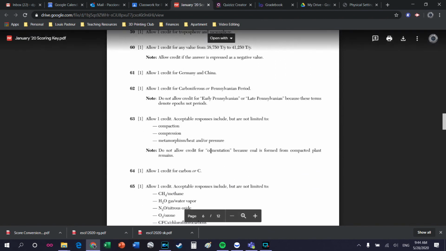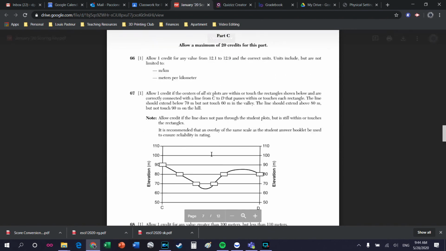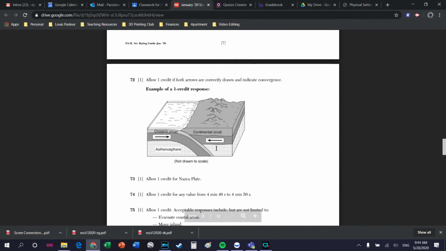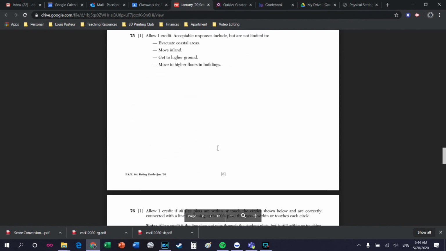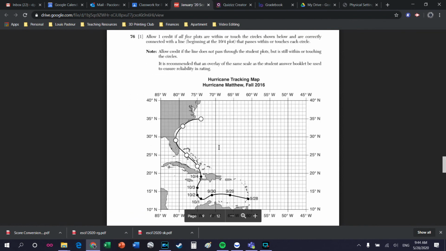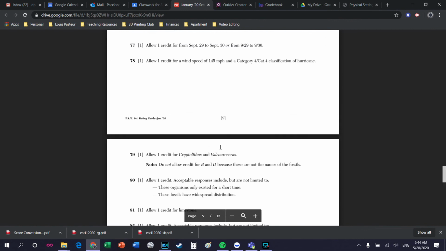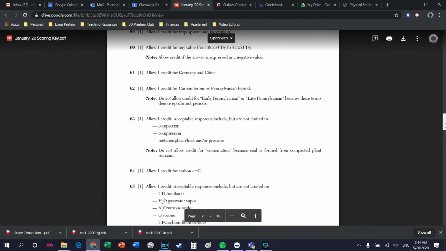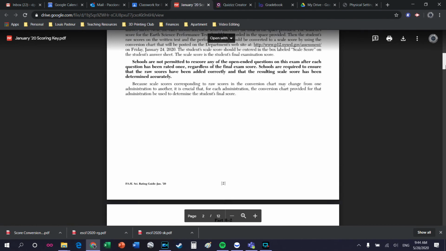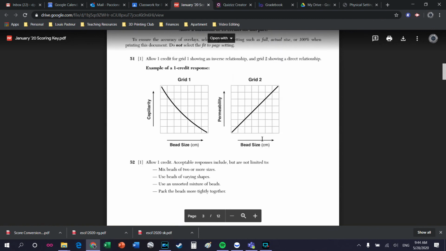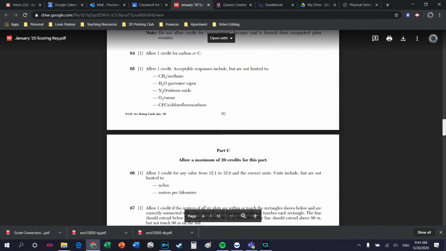Okay, so you go through this. This is basically the answer key. You go through it, you grade yours, and you're going to come up with a score out of 35 because there are 35 answers here, 51 through 85.